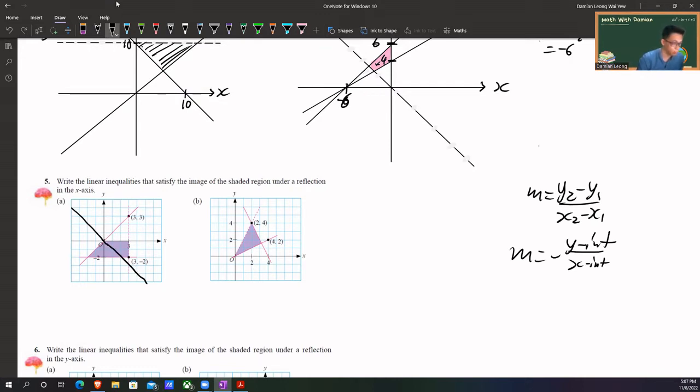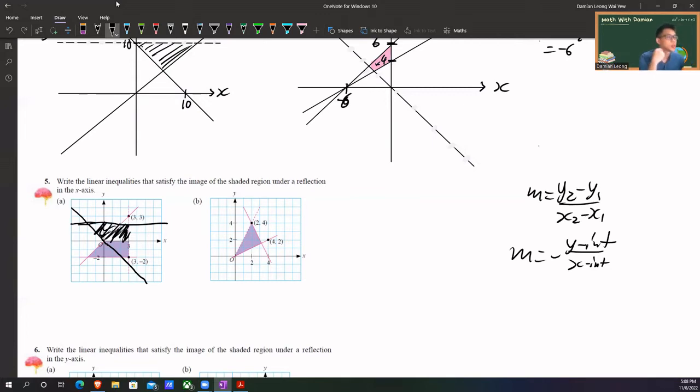Okay, and then this line remains, the x equals 3, and this horizontal line from negative 2, you'll flip up to here, y equals 2. Okay, then the shaded region will be like this. Okay, that is one way of doing it.